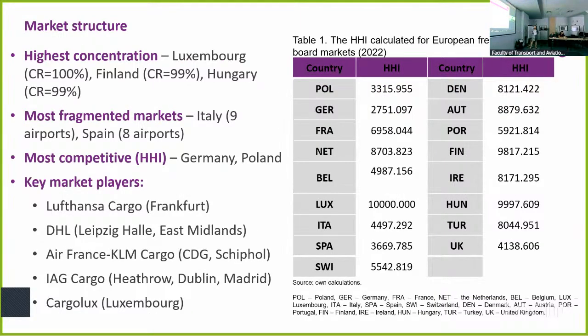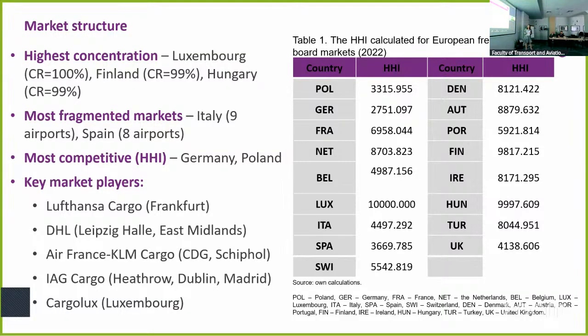So as I've already mentioned, the highest concentration was in Luxembourg, Finland, and Hungary. Most fragmented markets were Italy and Spain, where accordingly 9 and 8 airports in Italy and Spain noted significant cargo on board traffic.